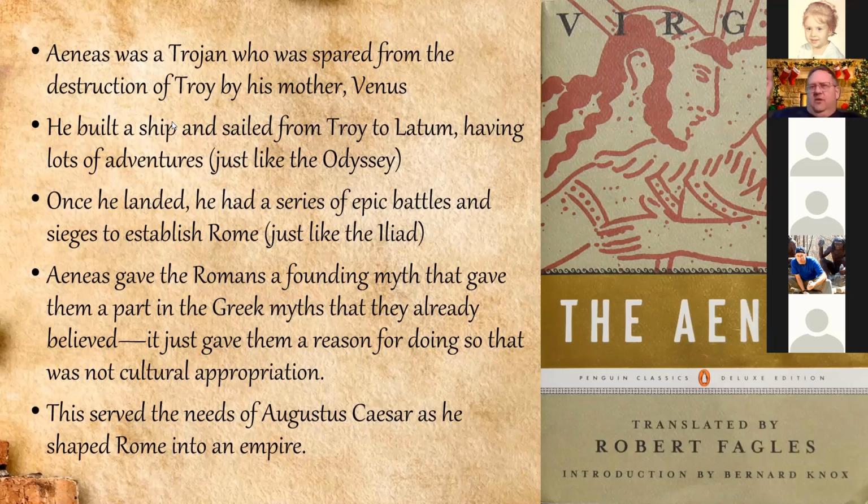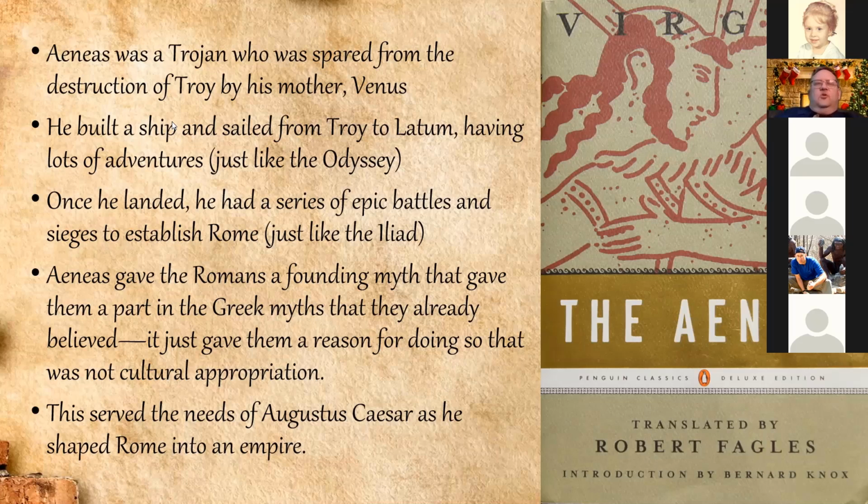The Aeneid was written in the reign of Augustus Caesar, so the very beginning of the Roman Empire, after Caesar destroyed the Roman Republic. And at that time, most of the mythology, the gods and goddesses that the Romans worshipped, were Greek, because the Romans, even though they conquered Greece militarily, Greece conquered Rome culturally.